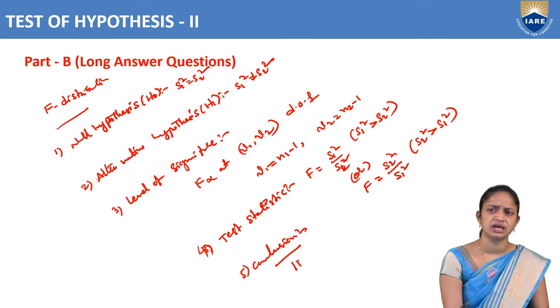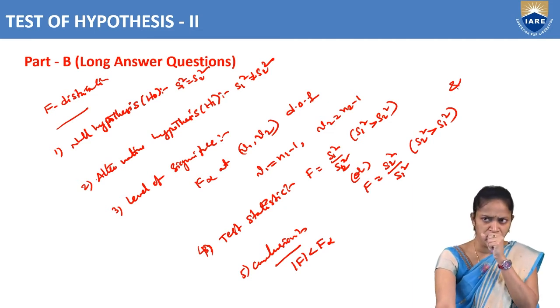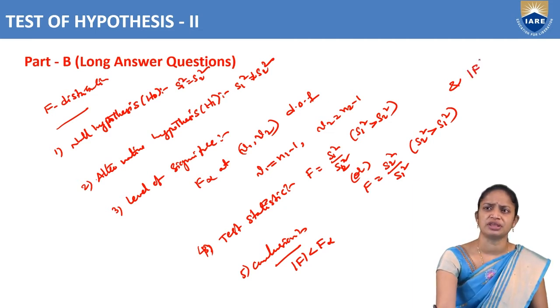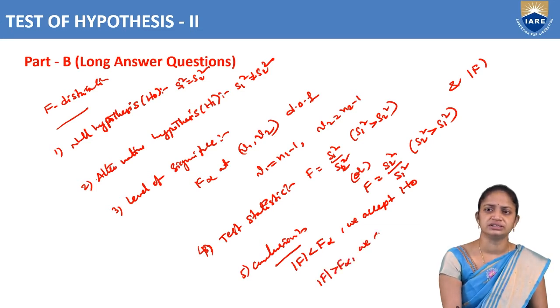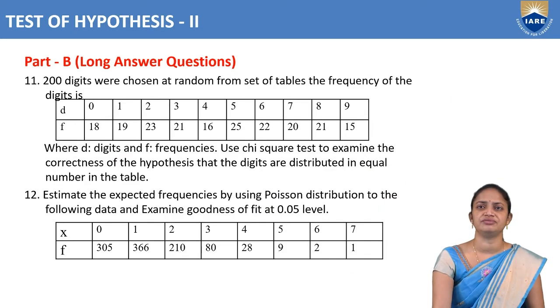What is our conclusion? We have to take modulus of f. If modulus of f less than f alpha, we accept the null hypothesis. If modulus of f greater than f alpha, we reject the null hypothesis. So this is our procedure for f distribution.